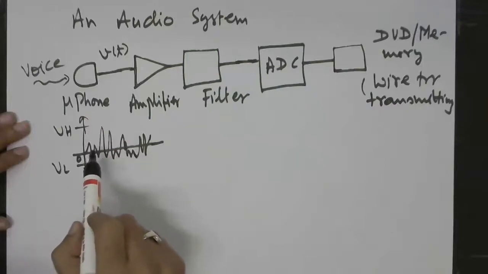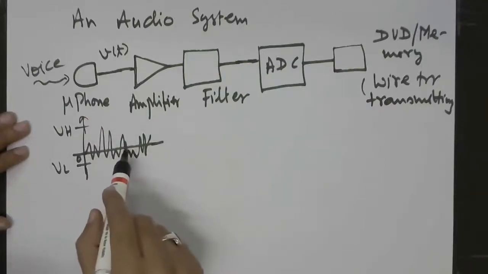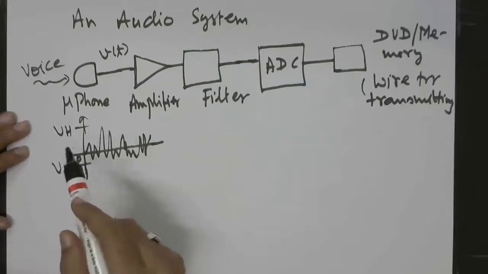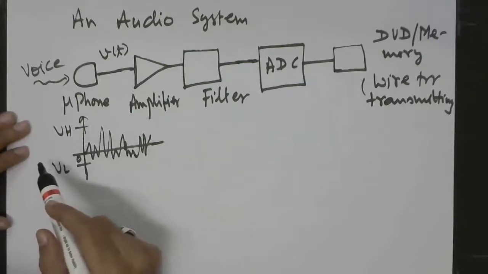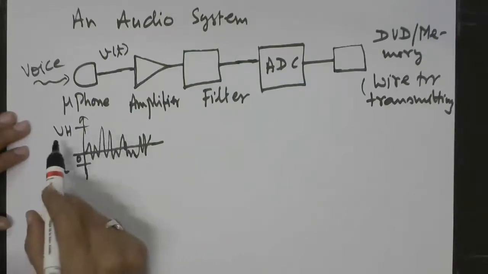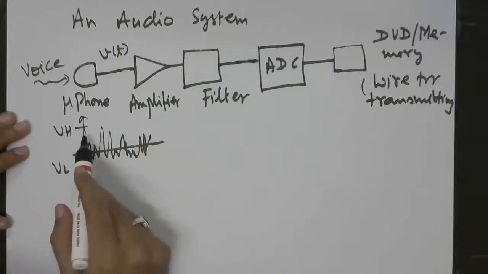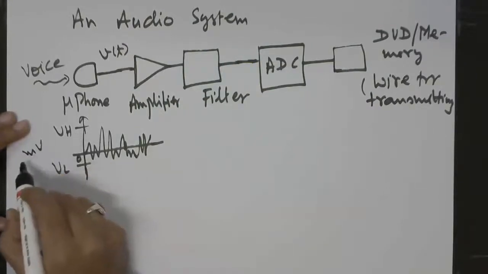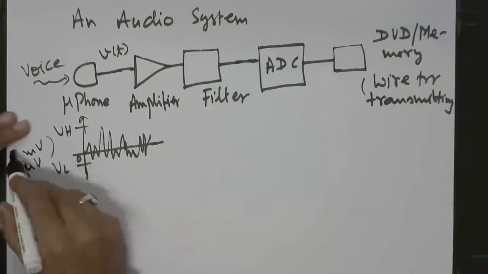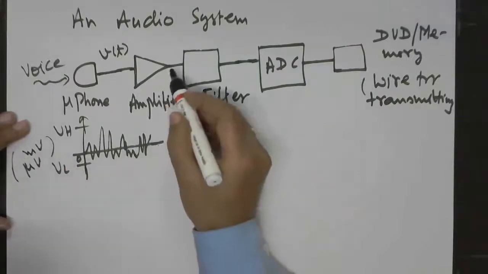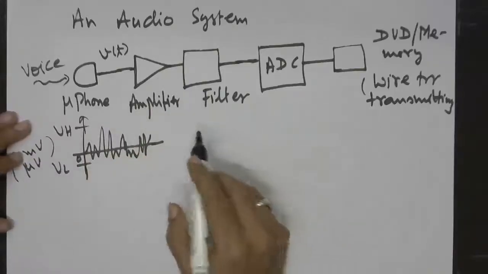So there has to be a system which will sense it and process it, that means modify it as per our need. Since this voltage is going to be of the order of millivolts or sometimes even microvolts, it of course has to be amplified. So here we have an amplifier.